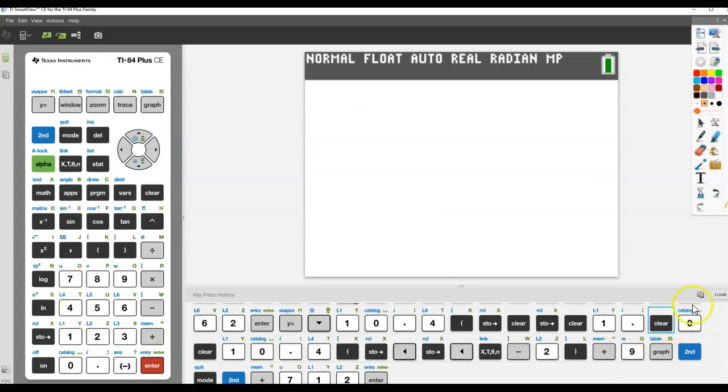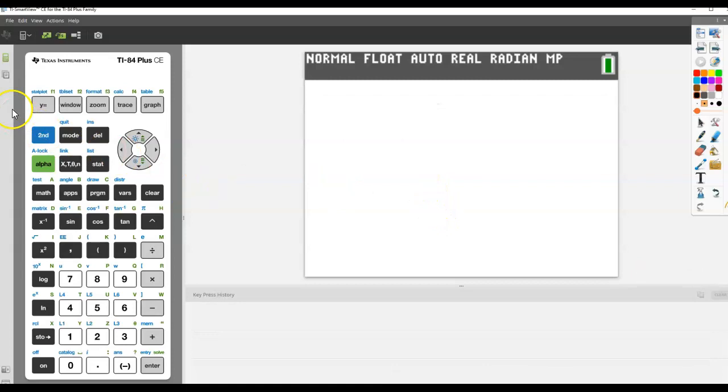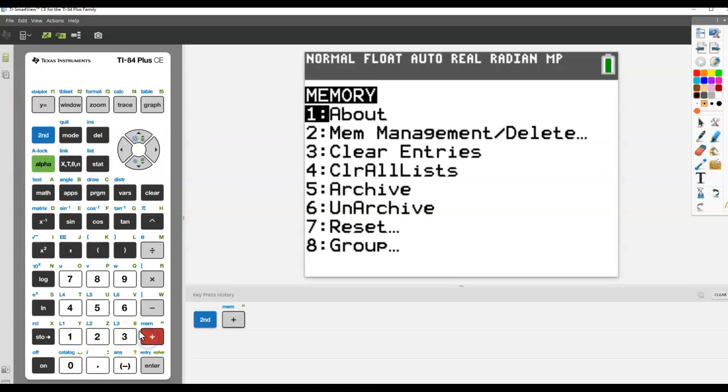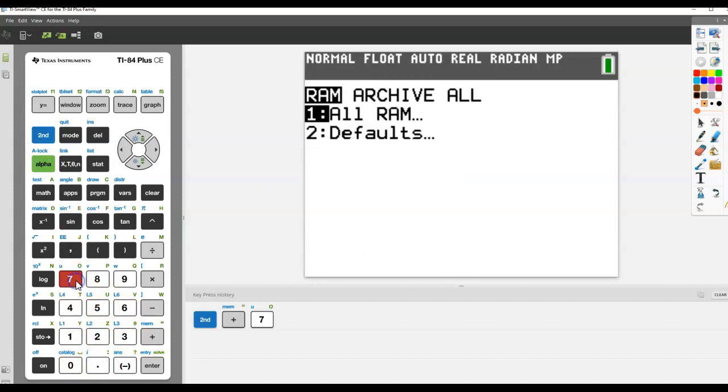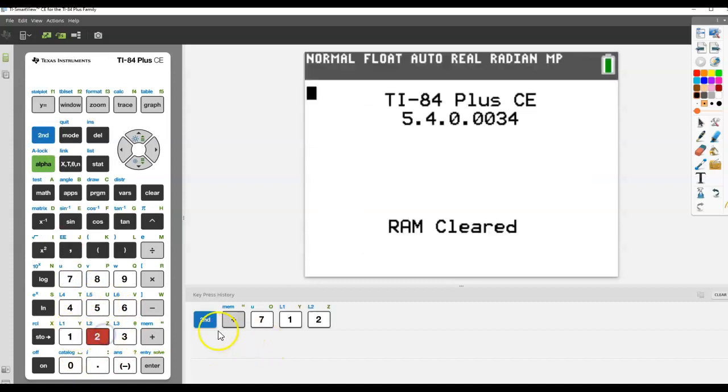And it clears out your entire history. So I'm going to go ahead and type that again for you. Second plus 712. If you press that sequence of keys, it completely clears out your calculator, anything you've stored in there, so that it's all nice and clear and ready to go for your next thing.